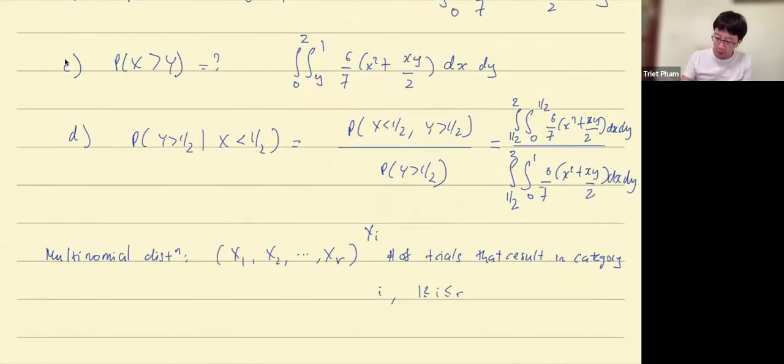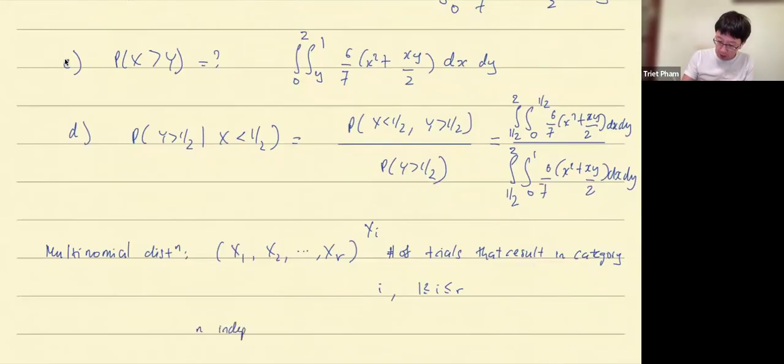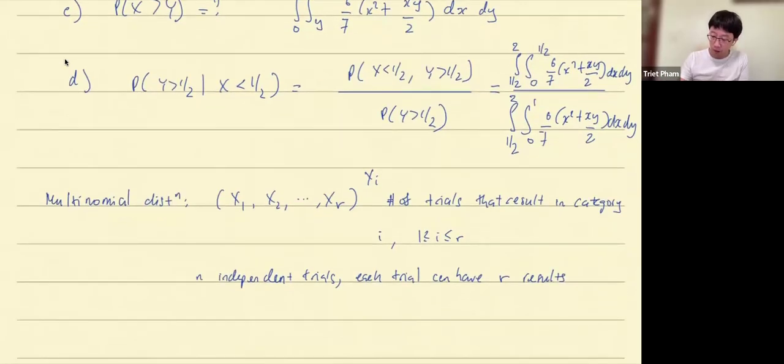So basically you have n independent trials, each trial has r possible results, r types of results, and each type has probability p_i.